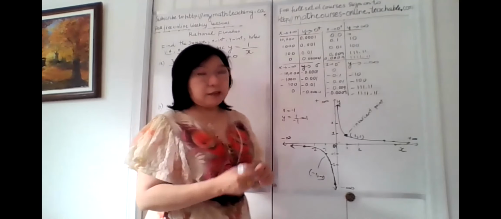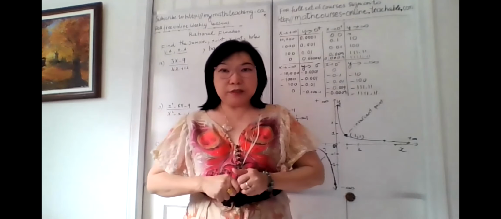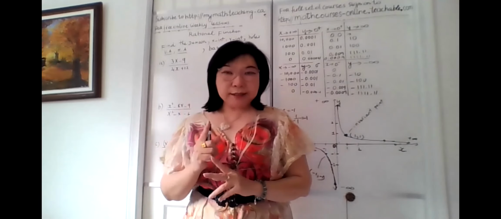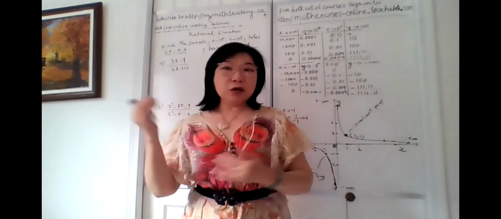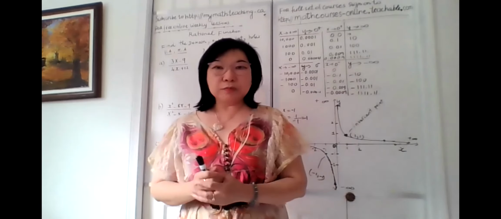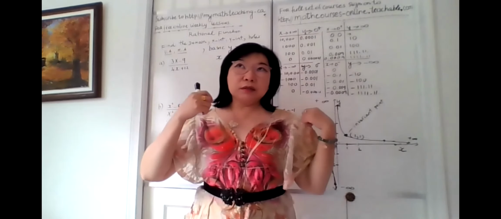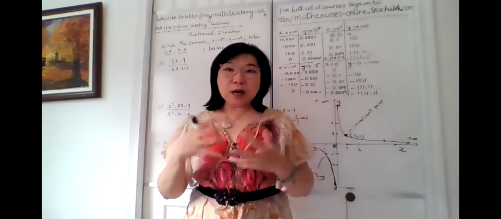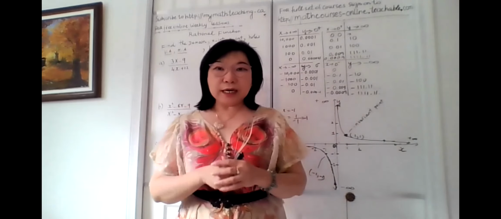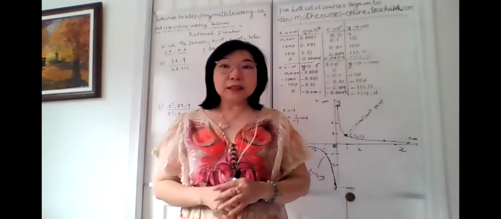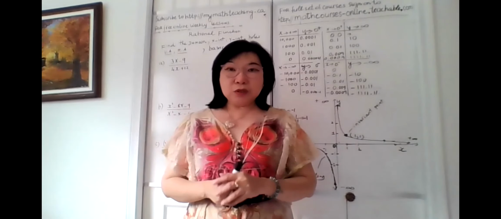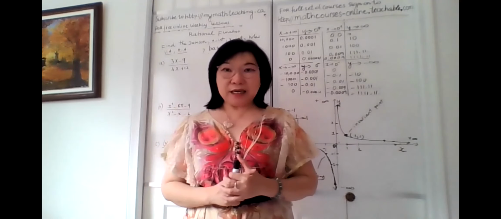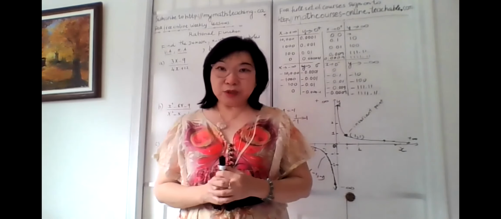So let me define what asymptote means first, right? An asymptote means the line, the straight line, or it could be a slant asymptote as well, such that any y value or any x value going close to that asymptote can only get close to, but never can touch that line, never can touch that asymptote.